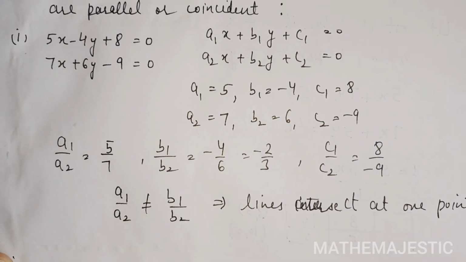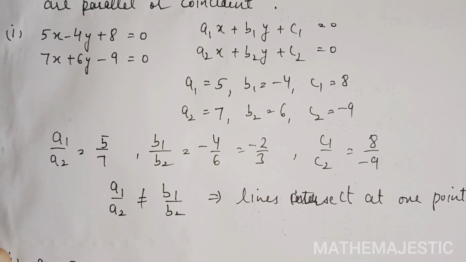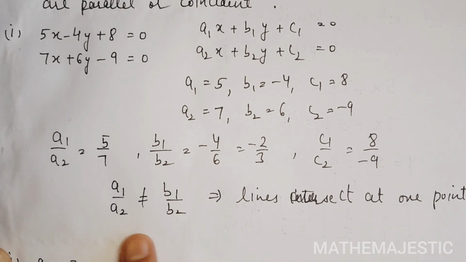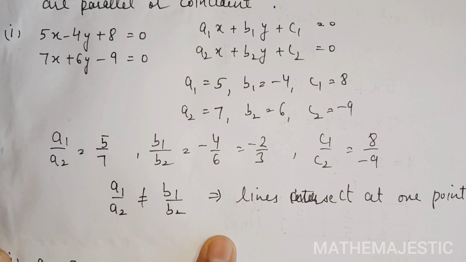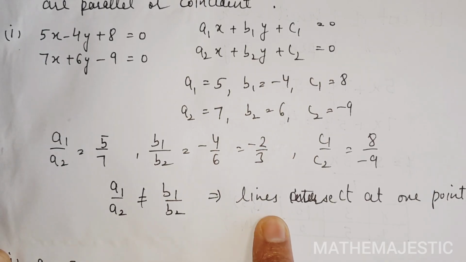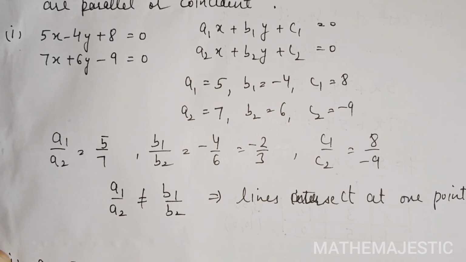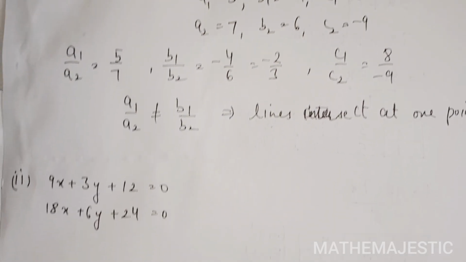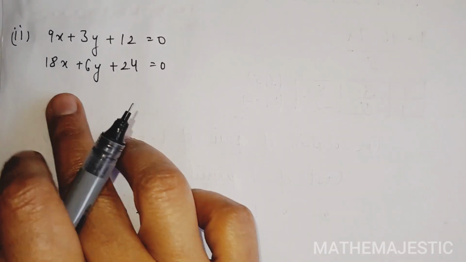They will be intersecting lines at one point, and in that case a unique solution exists. That intersection point will be the solution, but here it is only asked which type of lines there will be. So we will write the answer: lines intersect at one point, in the case if the first two ratios are unequal.